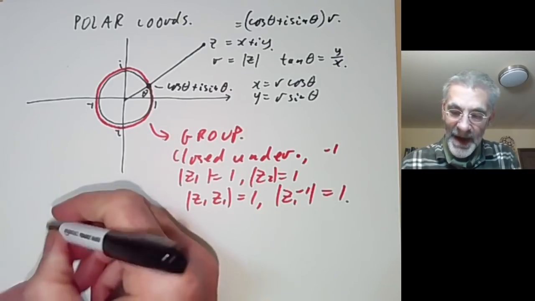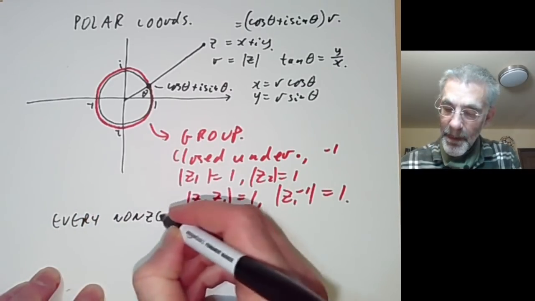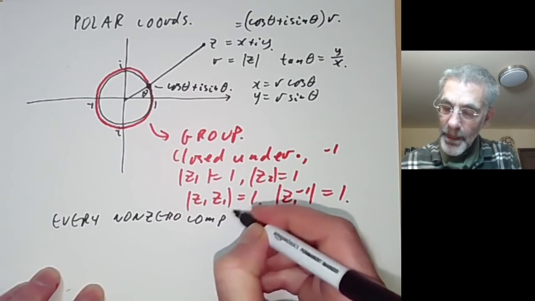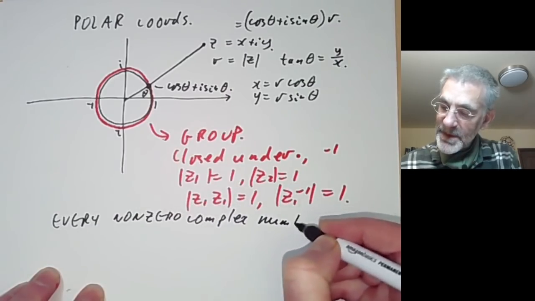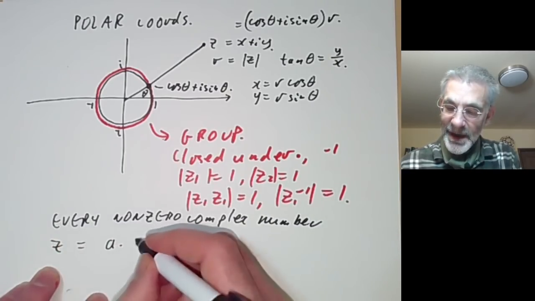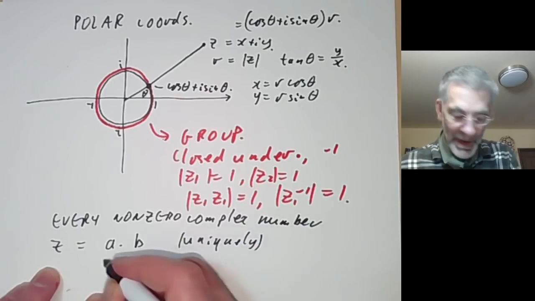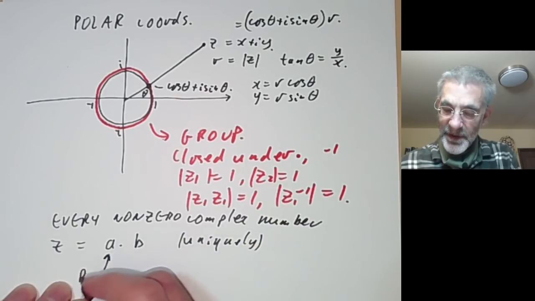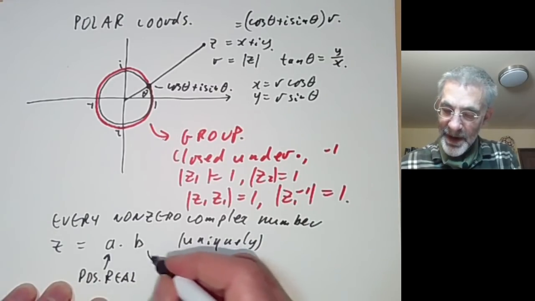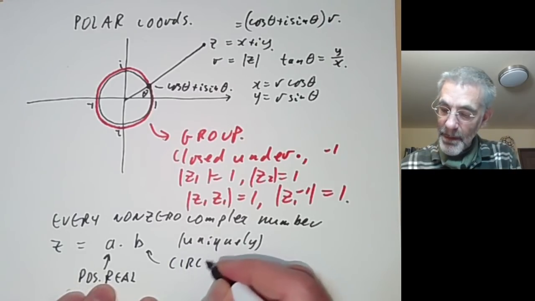So we see that every non-zero complex number z can be written as a times b uniquely, where a is a positive real and b is in the circle group.